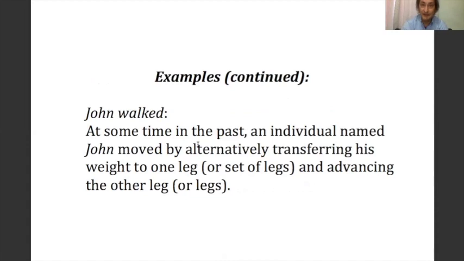Sentences as well have senses. Maybe we would say that John walked has a sense something like, at some time in the past, an individual named John moved by alternately transferring his weight to one leg or set of legs if he's an insect, and advancing the other leg or legs.